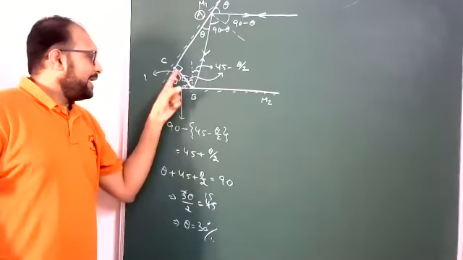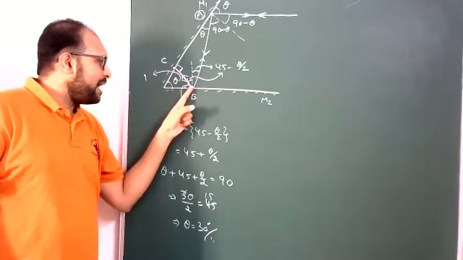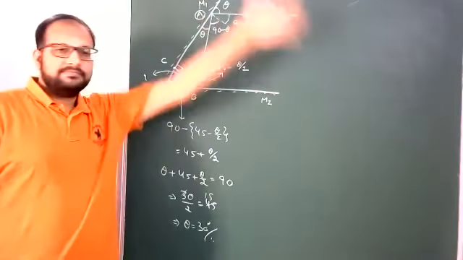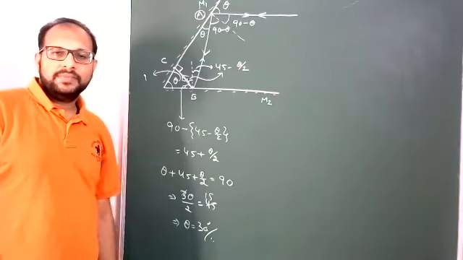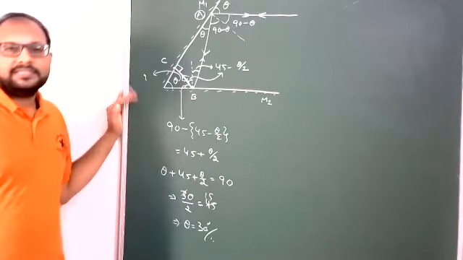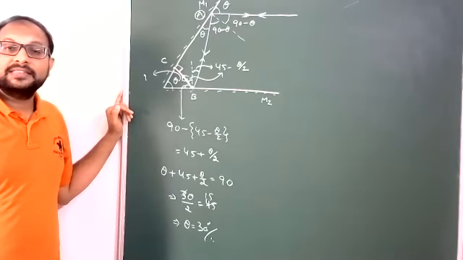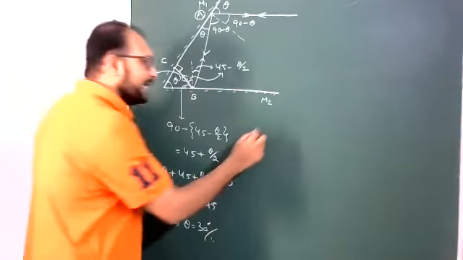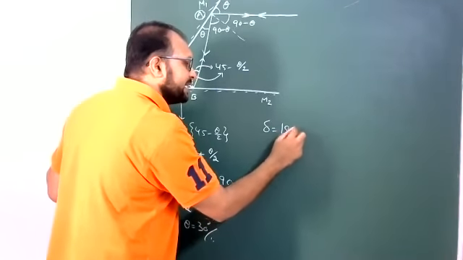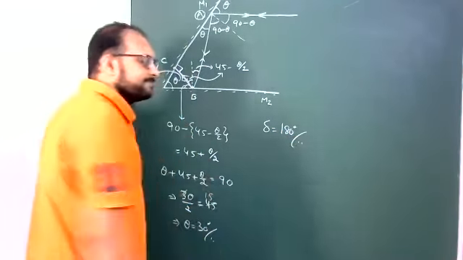Again after reflection, again retracing. So now in this, theta is 30 degrees, the angle of inclination is 30 degrees, and the angle of deviation delta is 180 degrees.